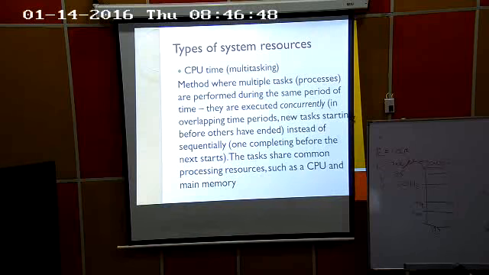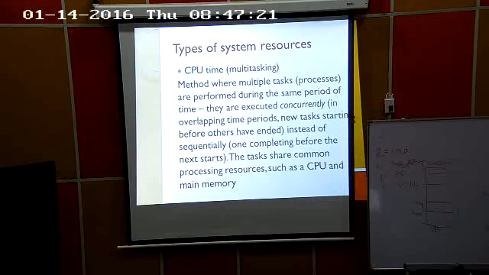Relating to the types of devices, CPU time conducts multitasking. Multitasking runs smoothly by algorithm, scheduling technique, and partition management, whether non-contiguous or contiguous, because it all reflects on your processor.